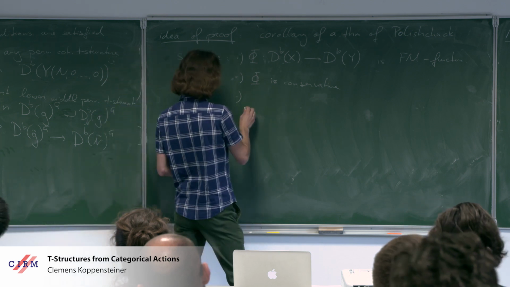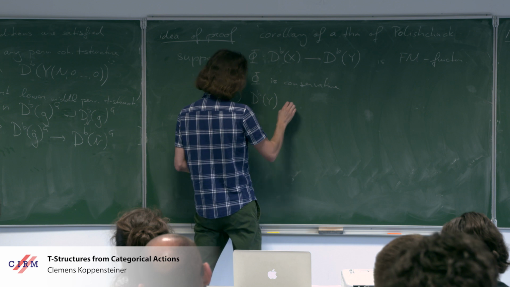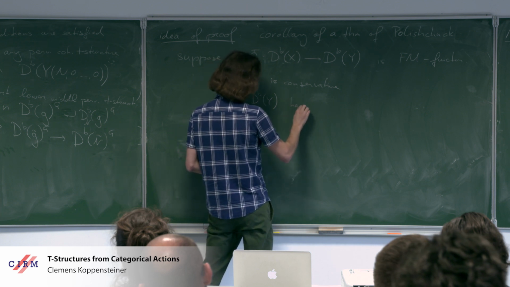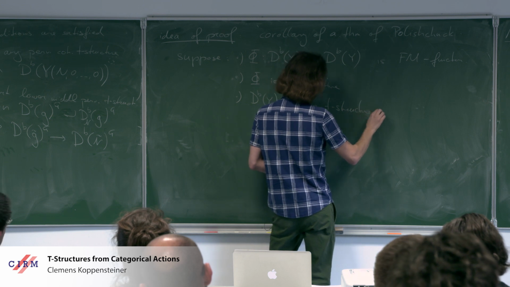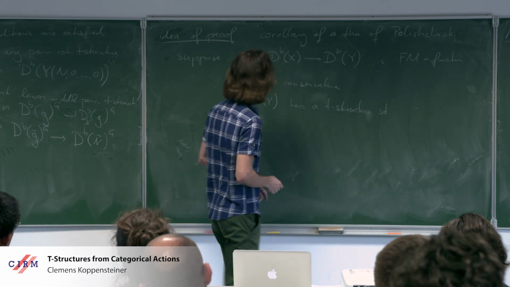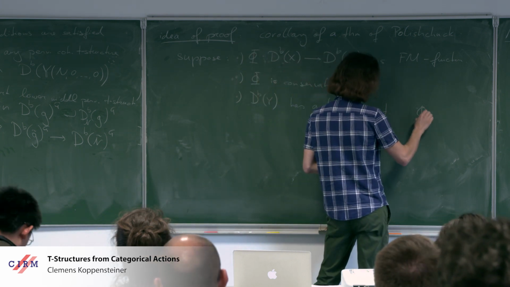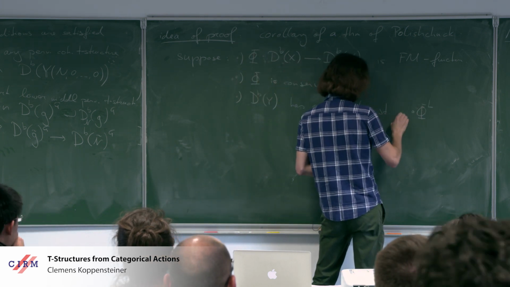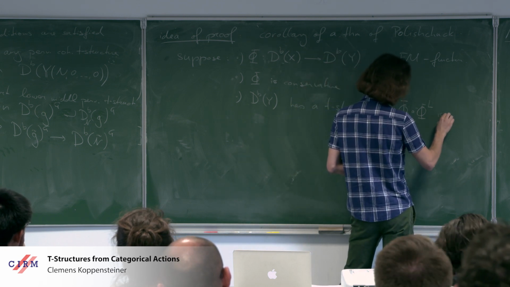And finally, suppose dB of y has a T structure such that if I go from dB of y by the left adjoint back to dB of x, and then go back to dB of y, that is right exact.